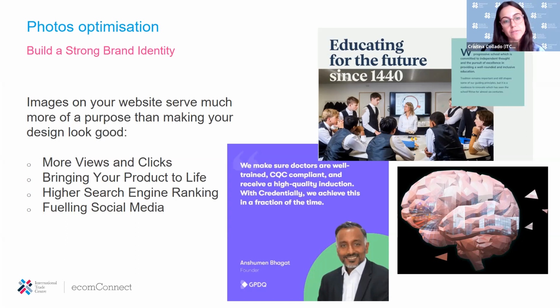Images also serve to increase visibility in the search engines. So you can always index images, and these indexed images will work for SEO, as Joanna will mention and I will explain a bit later.